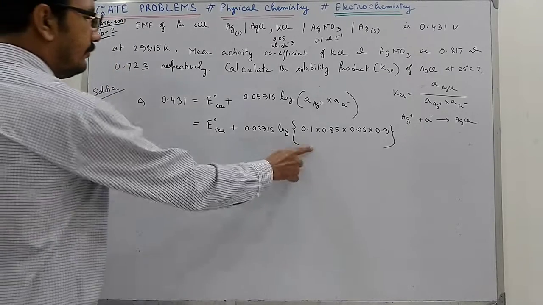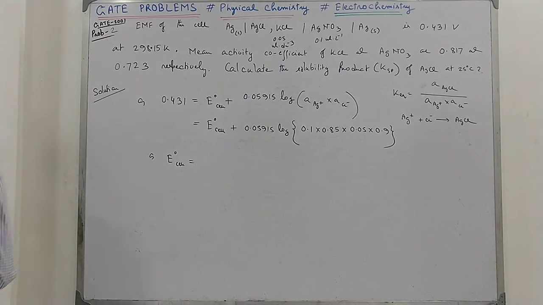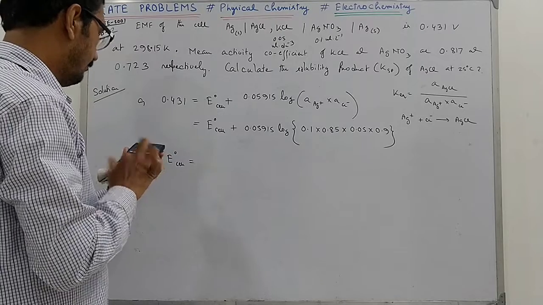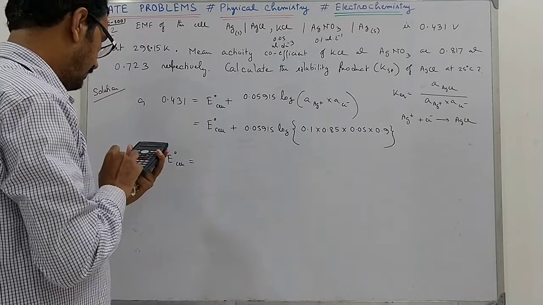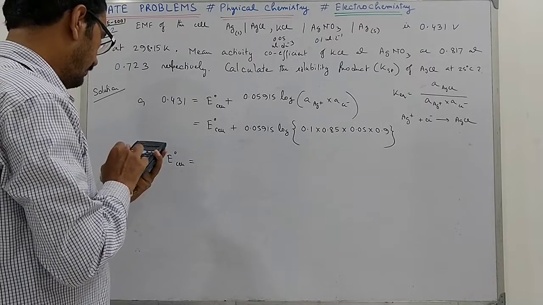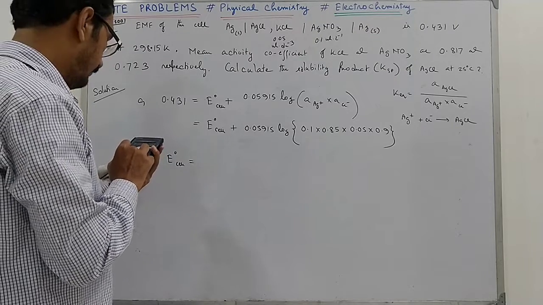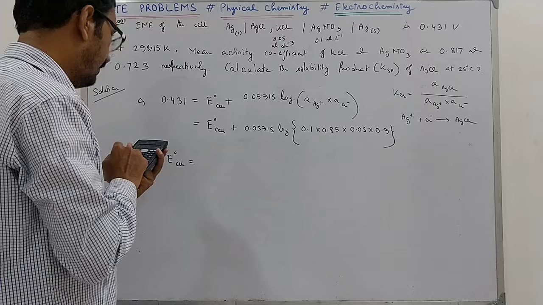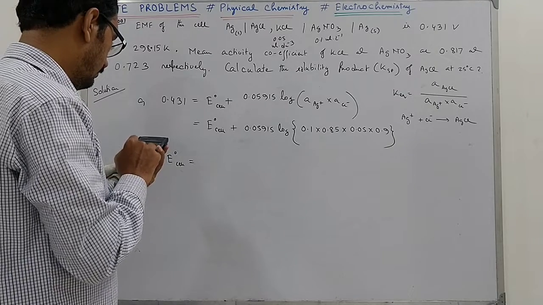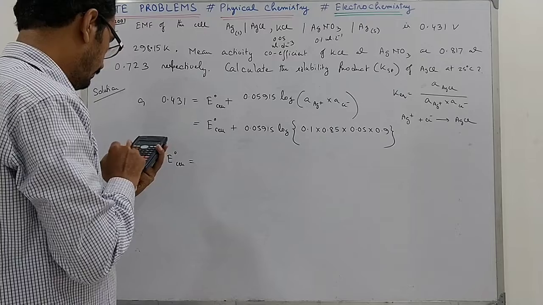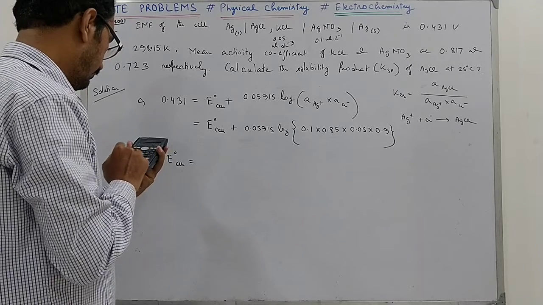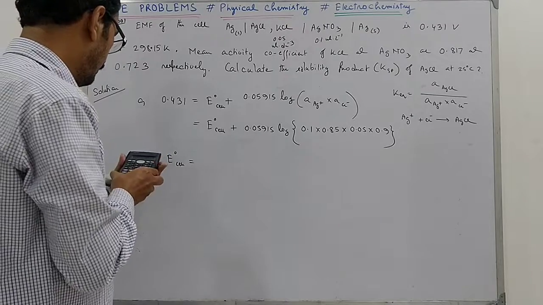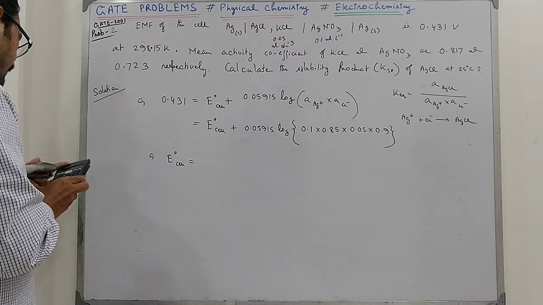We take this to the left hand side. Now it will be 0.431 minus 0.05915 into log of 0.1 into 0.85 into 0.05 into 0.9. So that is 0.5739.